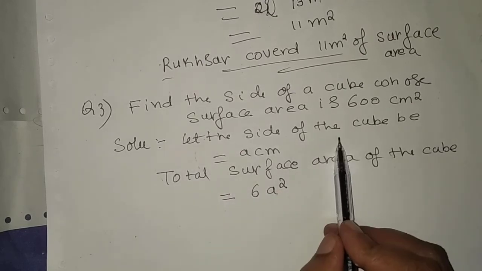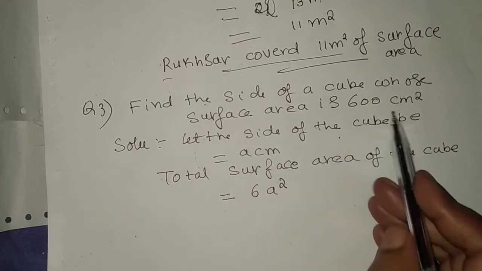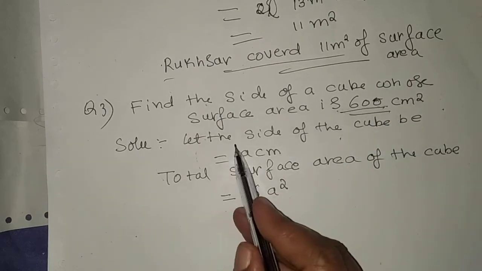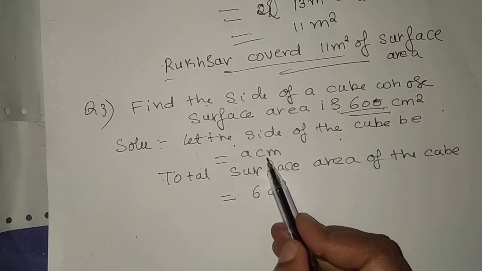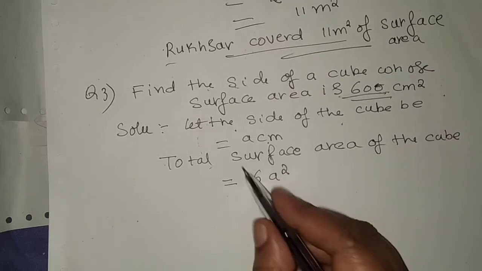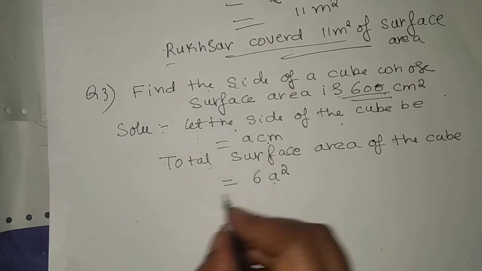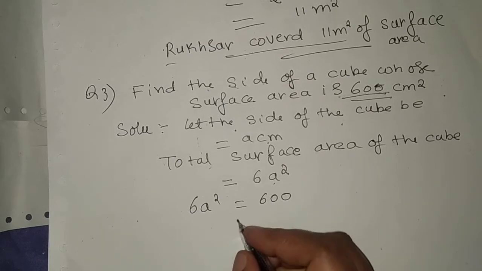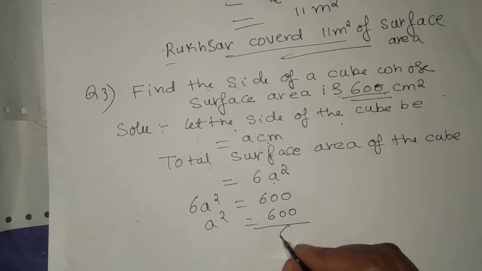So first what we found out, what they have given in the question: find the side of the cube whose surface area is 600 centimeters square. So surface area is given here. So first we have to find out the side of the cube. Let the side of the cube be a centimeters. So total surface area of the cube is 6 a square. Therefore 6a square is equal to 600. Therefore a square is equal to 600 by 6.